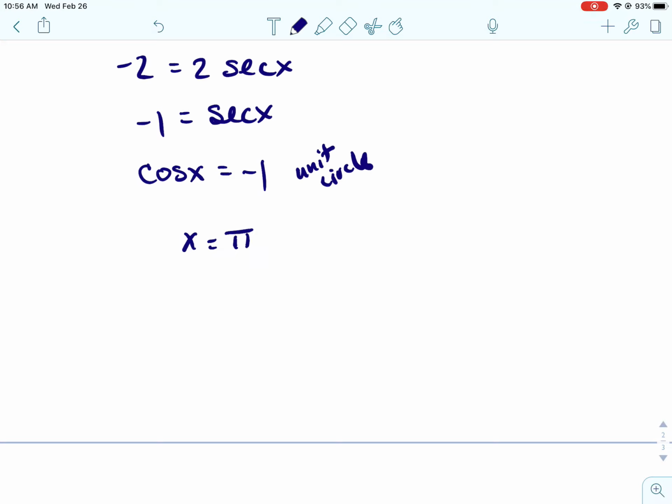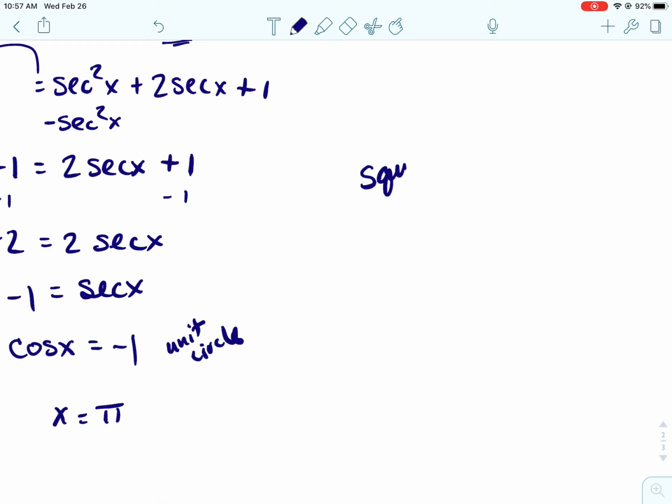Hang in there. So whenever you have to square both sides to solve an equation, sometimes it creates an extraneous solution. And we talked about this when we were doing radical equations. You'd have to square both sides. You always had to check your answers. Same thing on trigonometric equations.